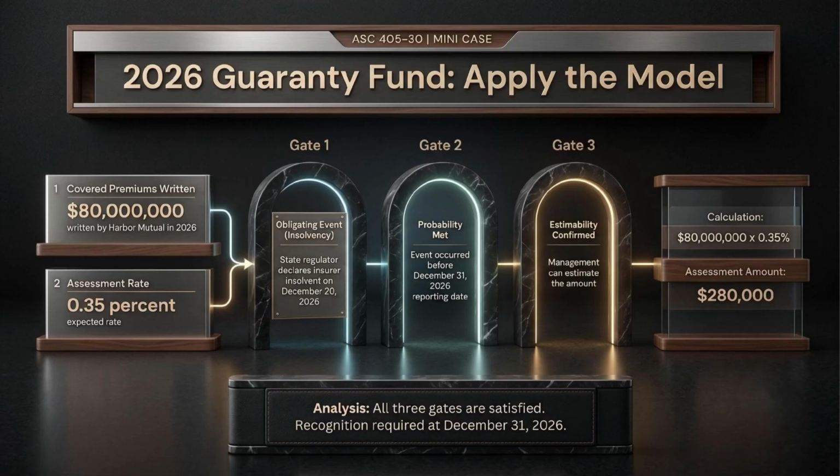The expected assessment rate is 0.35%, and management can estimate the amount before financial statement issuance. All three recognition gates are satisfied: probable assessment, obligating event before year end, and reasonable estimate. Recognition is required at December 31st, 2026.